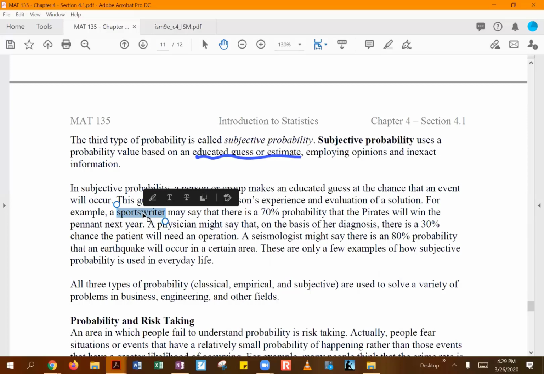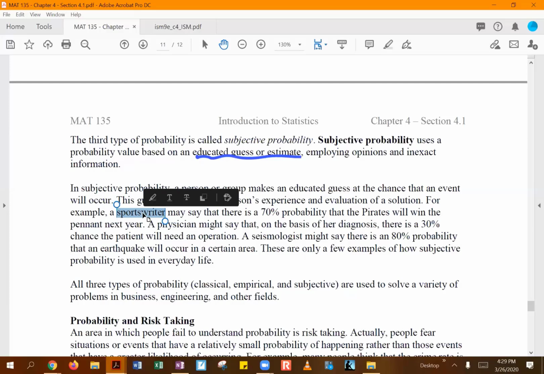Obviously, if the sports writer is making this probability, he's probably looking at how the team has played during this season, what their past record has been, and of course the experience he's had as a sports writer to make that educated guess. Now, that's not necessarily going to be true, that there's a 70% chance that the Pirates will win, but again, it just depends on the experience.